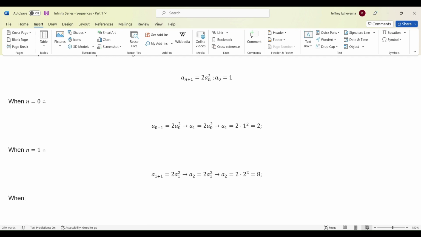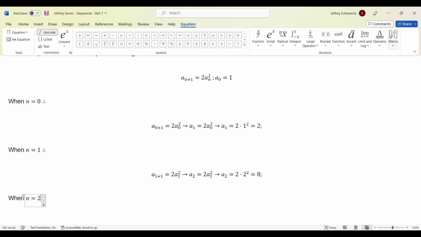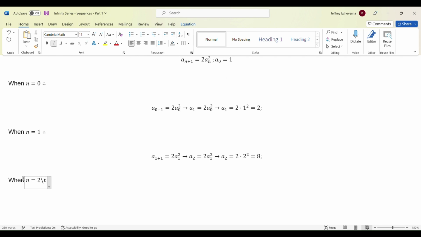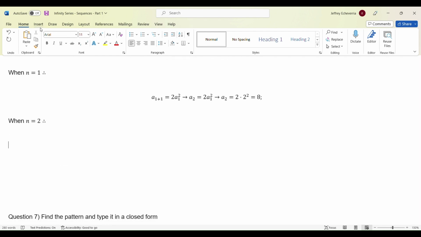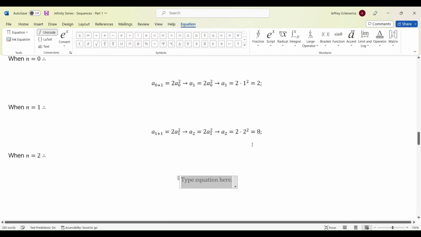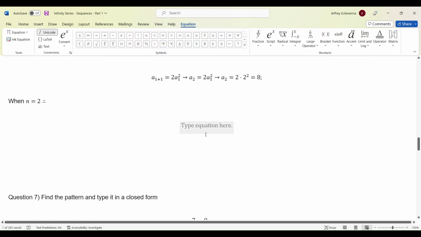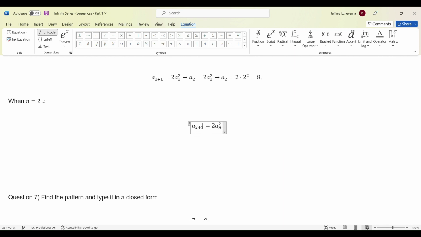When n equals 2, I should write the therefore symbol here. So let's do that. And let's copy again. I like doing this on Microsoft Word because it's easy. So we plug in 2. Let's simplify. This becomes a sub 3.